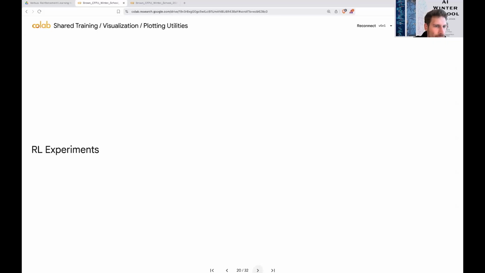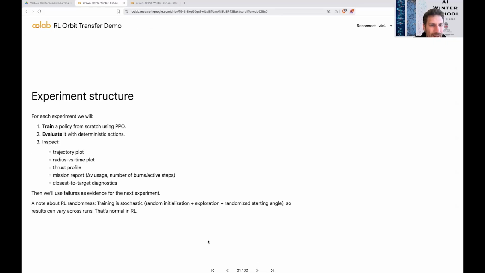So let's start with the experiment. This is the exciting part. For each experiment, we're going to train a reinforcement learning policy from scratch using PPO. We'll evaluate it, and then we're going to inspect those plots and those output diagnostics.